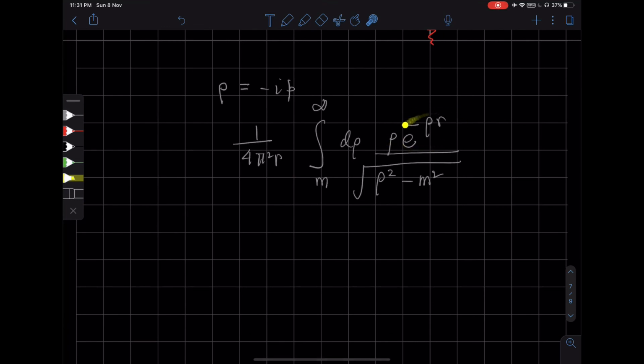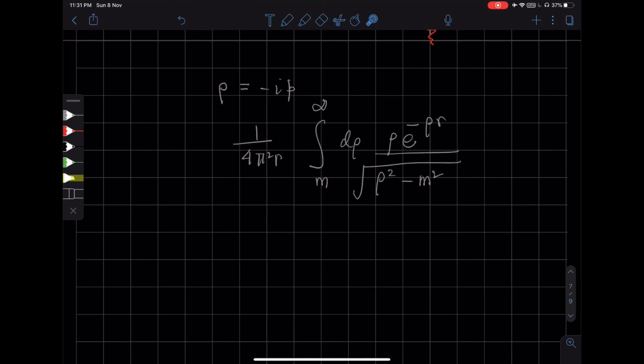But if I look at this integral now, we see that we are interested in it for large values of r. For large values of r, the exponential is going to suppress the integral. So the major contribution to this integral will come from the lower limit, where the value of rho is m.